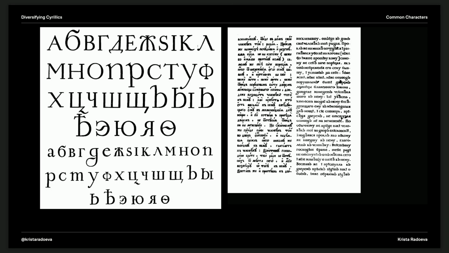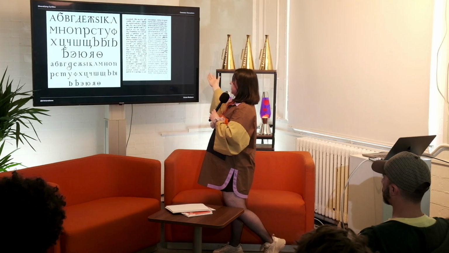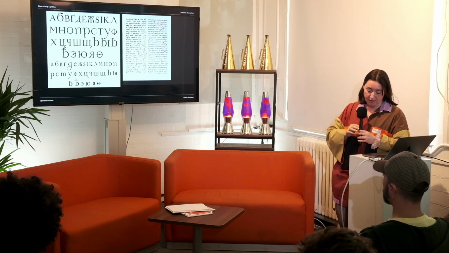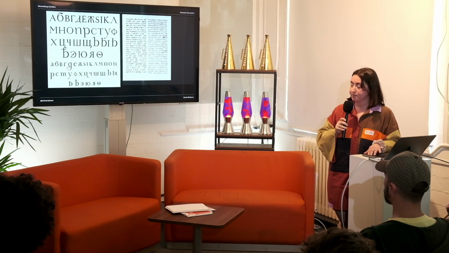You can see here, on the left side is the way that Cyrillic looked before, and on the right side of the page is the way Cyrillic looked straight after the reform. This was the first sort of civil type.